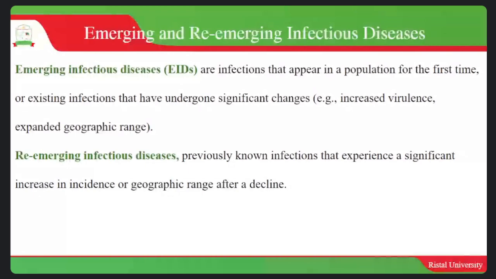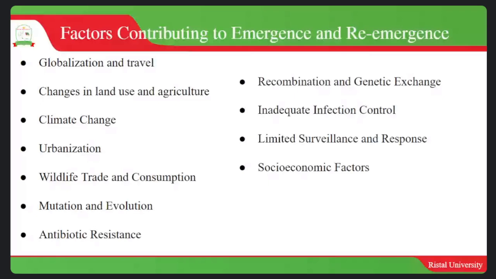For example, hospital-acquired infections. When there are poor control measures within the hospitals to prevent infection of the non-patients, there will be re-emergence of new cases of different infectious diseases.